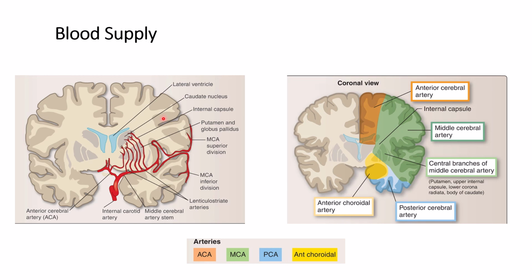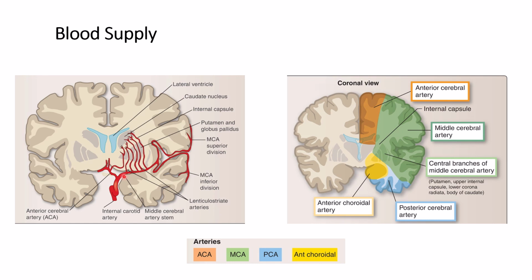If you make a coronal section, some structures that you can see here: this is the caudate nucleus, this is the internal capsule, and these two are the lentiform nuclei. And here is the internal carotid. The internal carotid comes and branches. One is the anterior cerebral, which is going more medially, and the middle cerebral, which is going more laterally.